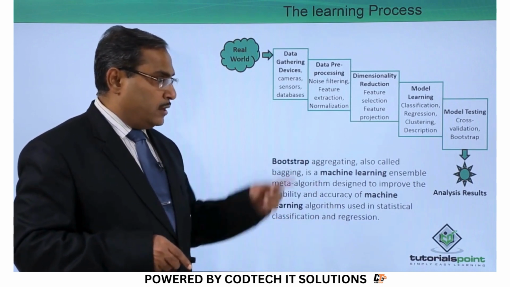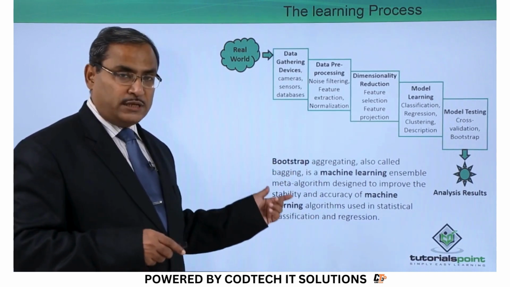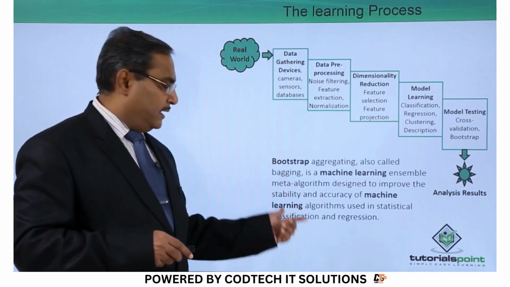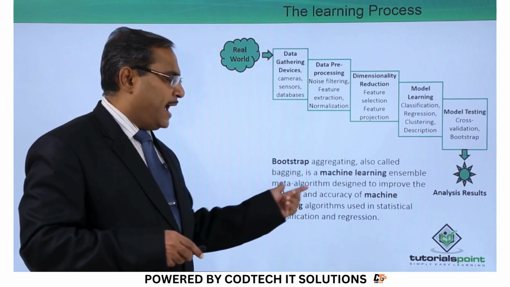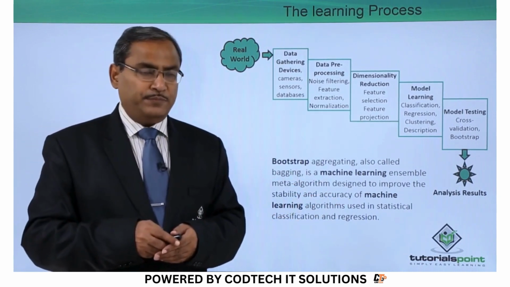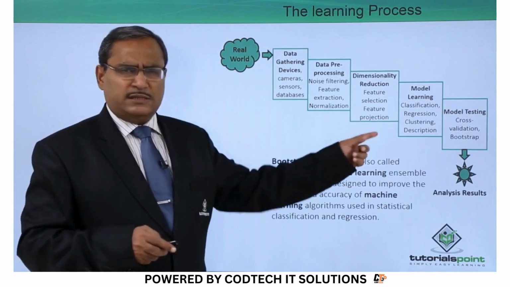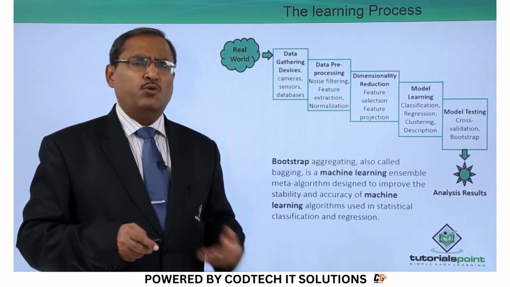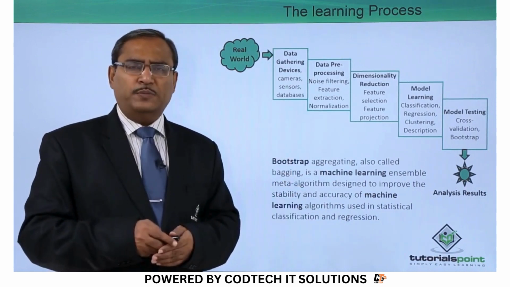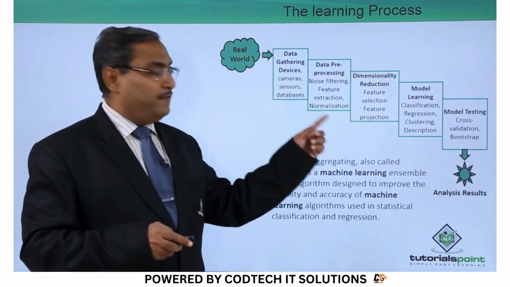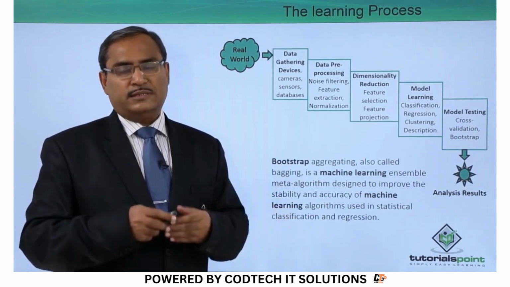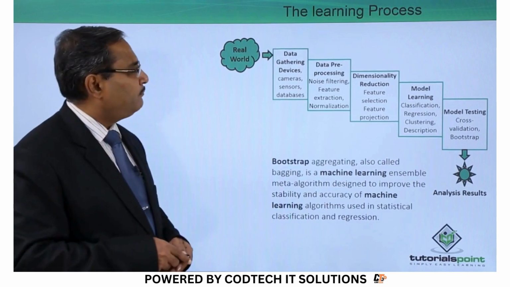So this particular bootstrap is actually a process with the help of which we can increase the stability and accuracy of our machine learning for correct prediction. Regarding all these aspects, in our tutorial we are going to discuss many different issues. In one slide, obviously, all the issues cannot be discussed, but each and every aspect we have discussed in our tutorial with some examples and implementations.